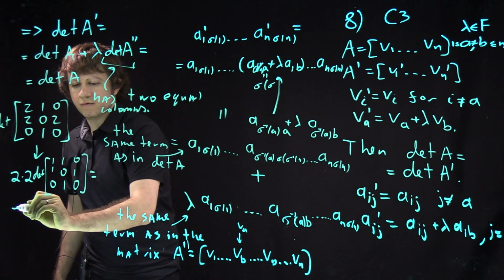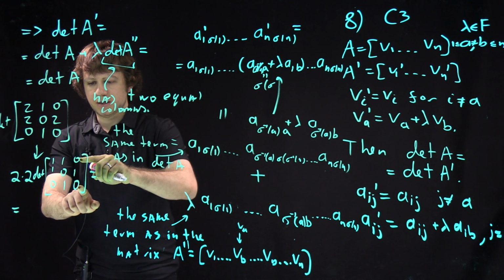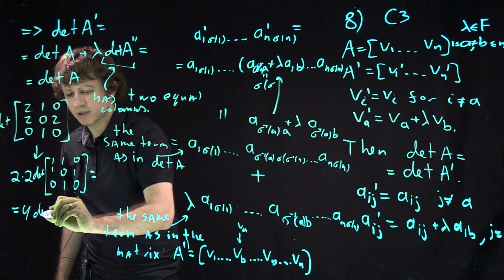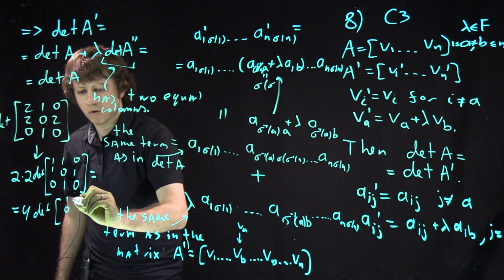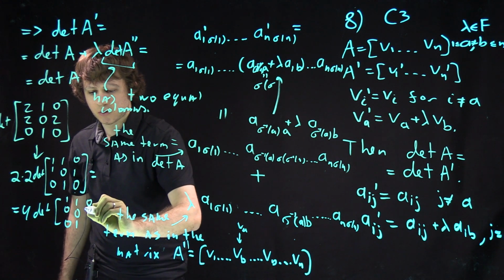And then, for instance, I can subtract the last column from the first one. That will not change anything, so we get 4 times the determinant of 1, 0, 1, 0, 1, 0, 0, 1, 0.